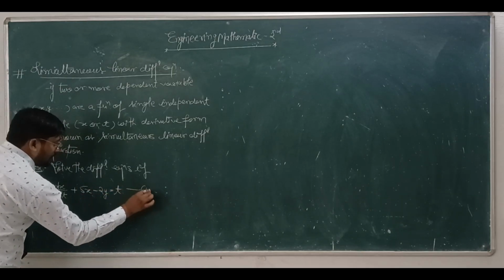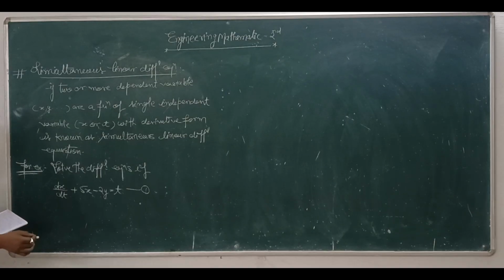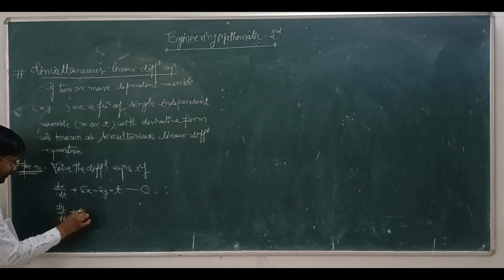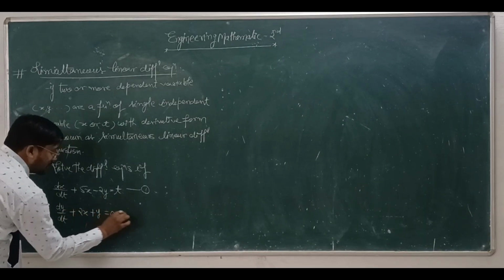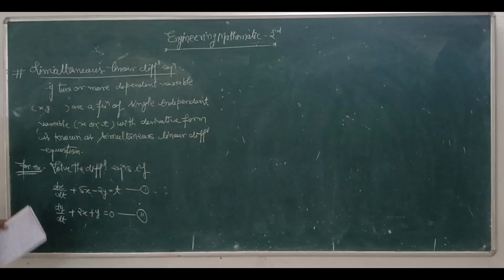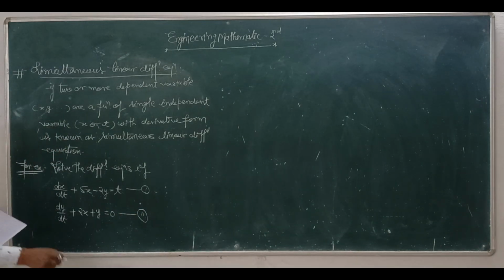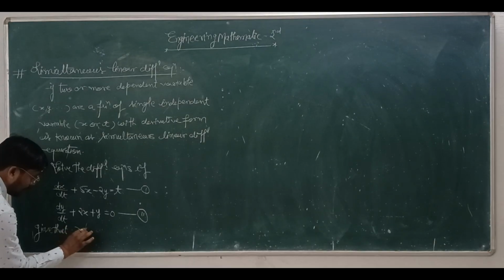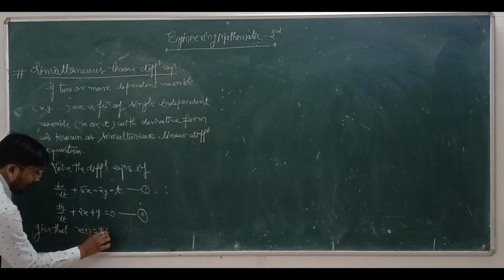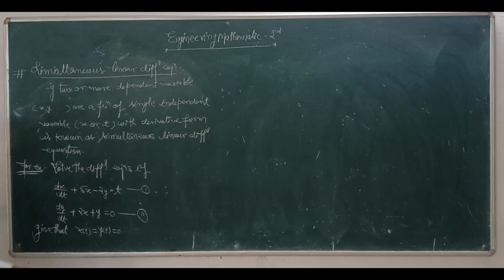This is equation number first. And now second, dy/dt plus 2x plus y is equal to 0. This is equation number second. Where it is given that x(t) equals y(t) equals 0.